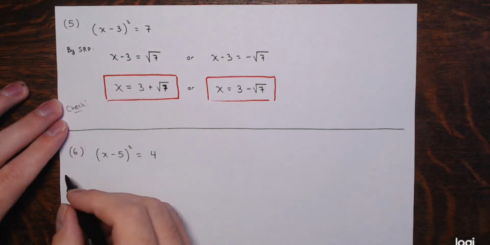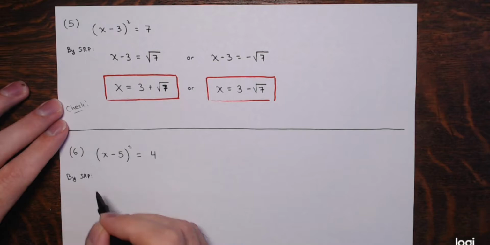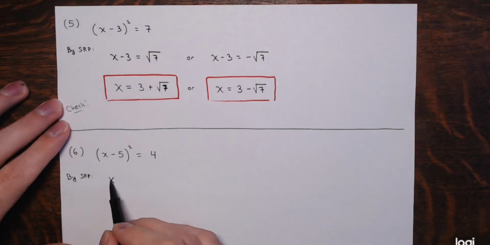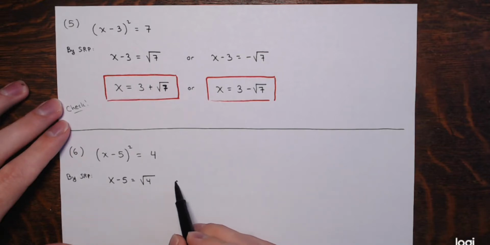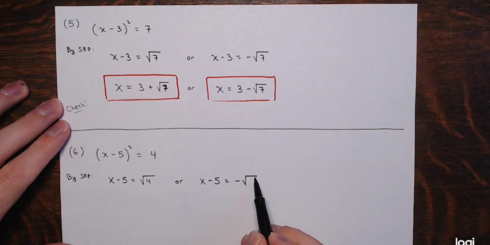So by the square root property, this x minus 5 can either be the principal square root of 4, or the opposite of that, the negative square root of 4.